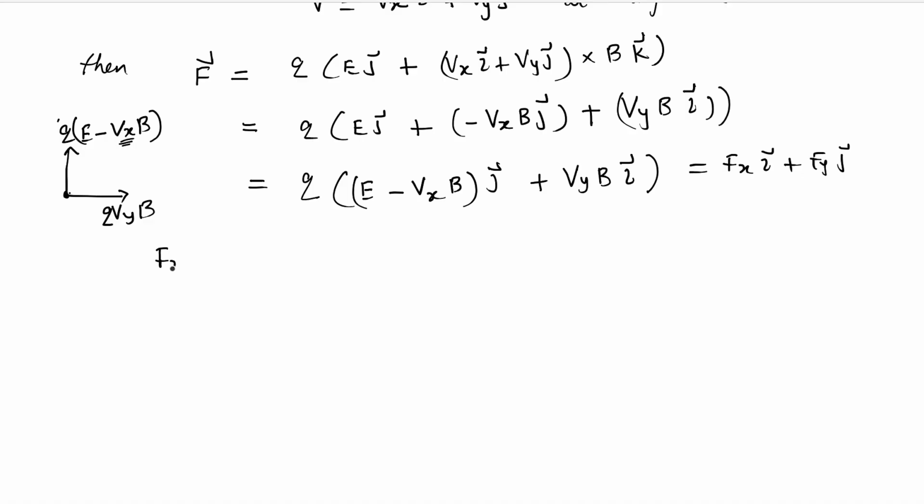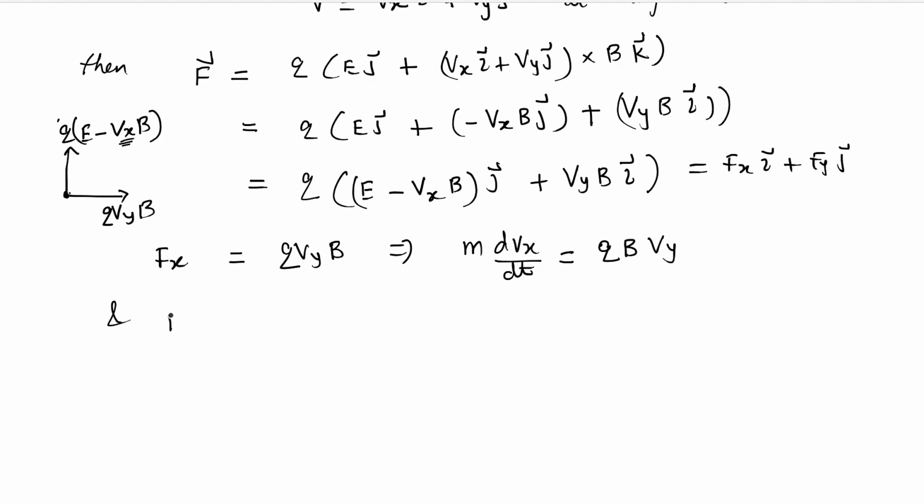Now we can equate the i part. So Fx is Vy B, right? So Fx also means that m dVx by dt is equal to, don't forget the q part here, so qB Vy, right?